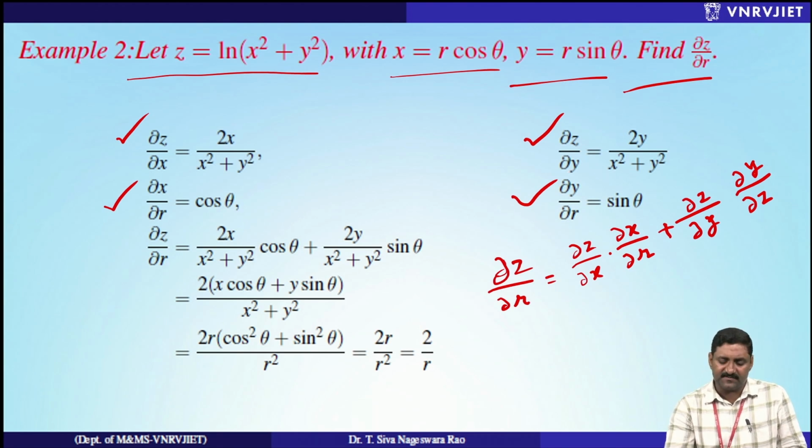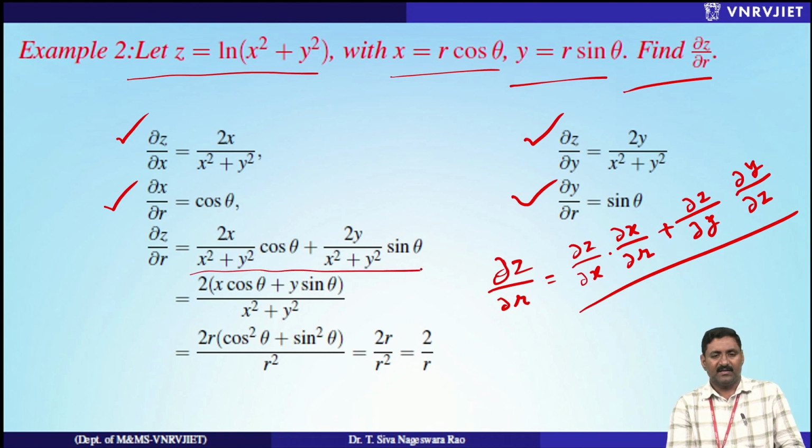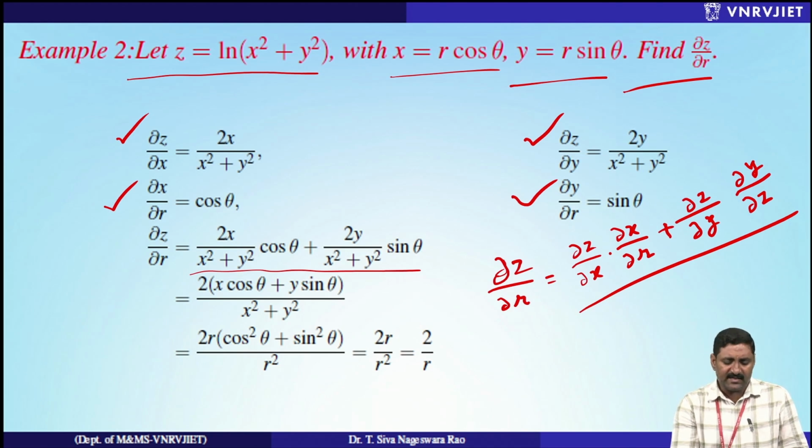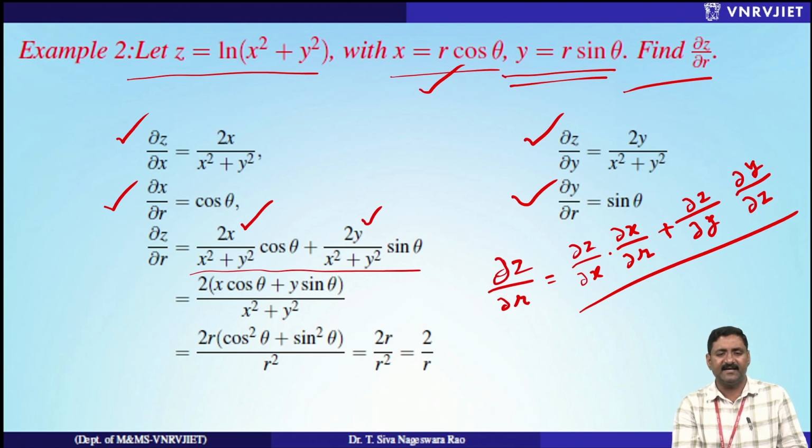So substitute all these values on RHS, you will get this expression. Here our aim is to express the answer in terms of r. So let us substitute in place of x with r cos theta and in place of y with r sin theta.